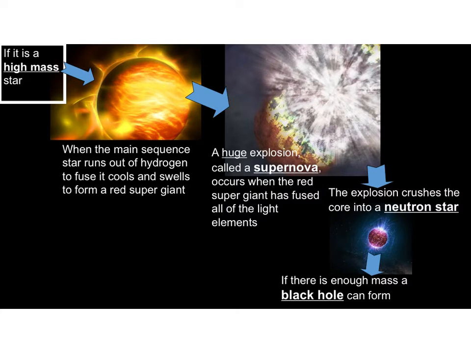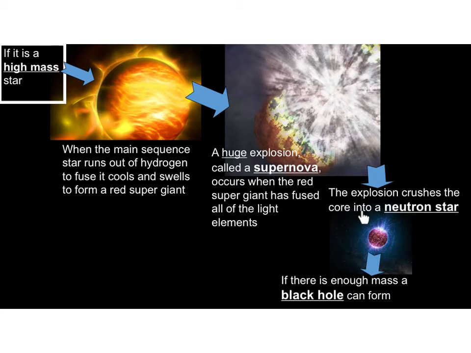That's going to shed a huge amount of material into space, and that will eventually form planetary nebula. A planetary nebula is what forms planets, so it'll be all the rocks or the gases that are thrown out from a supernova, and then they will gather under gravity to form a solar system.